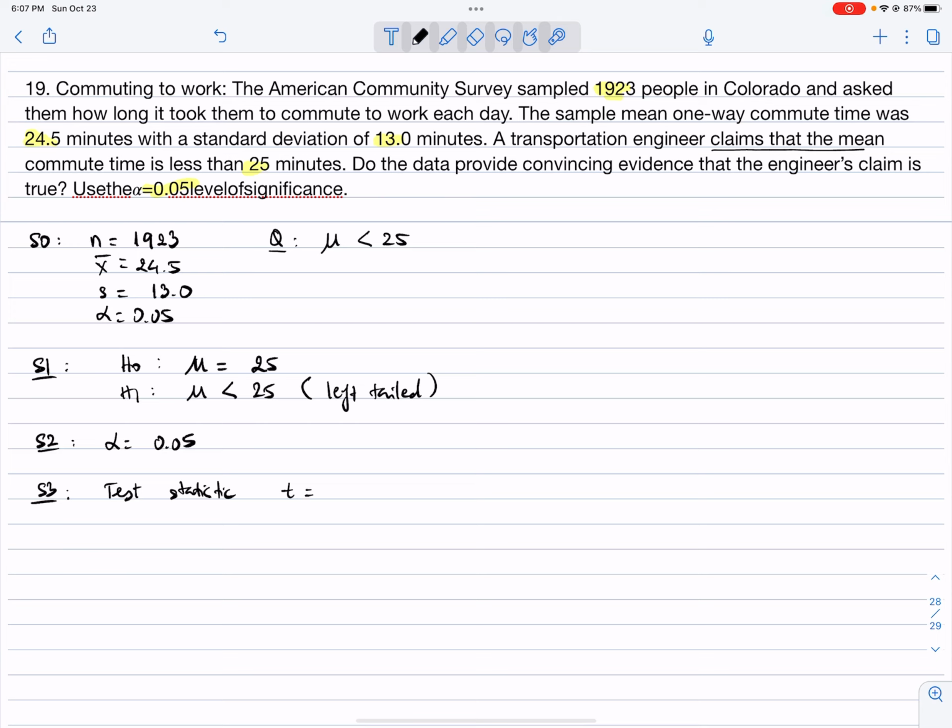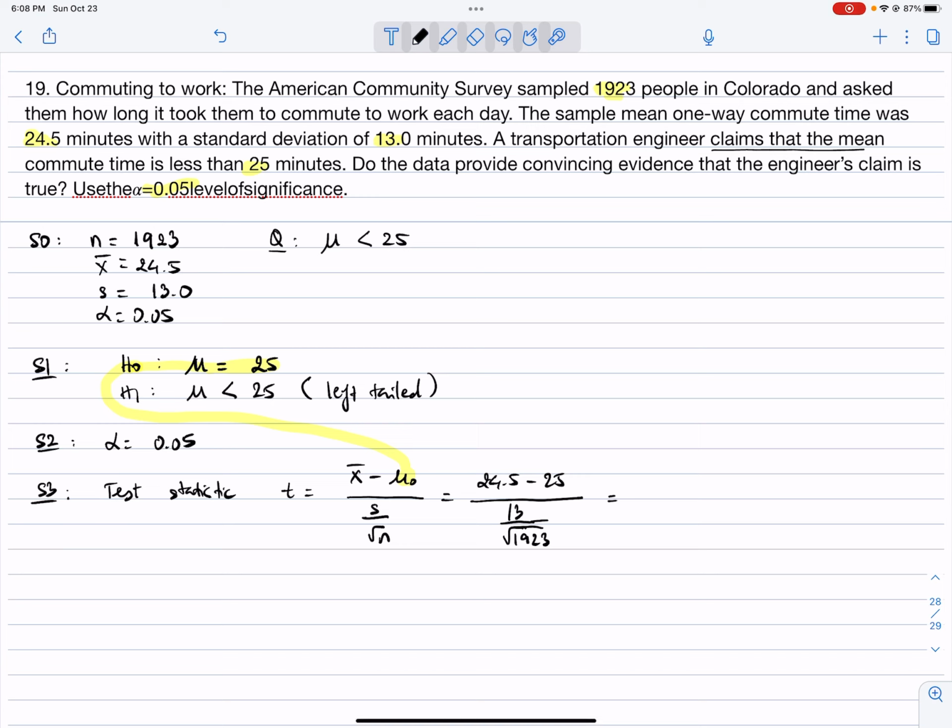So we will use T equals x bar minus mu naught, divided by s over square root of n. X bar is 24.5 minus mu naught. Mu naught is under the null, as we assume it is equal to 25, so minus 25, divided by 13 over square root of 1,923.